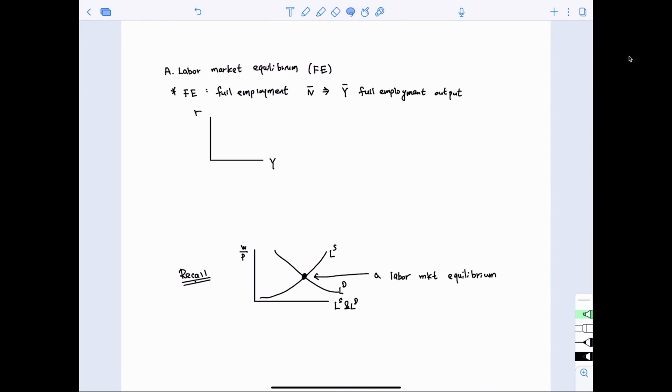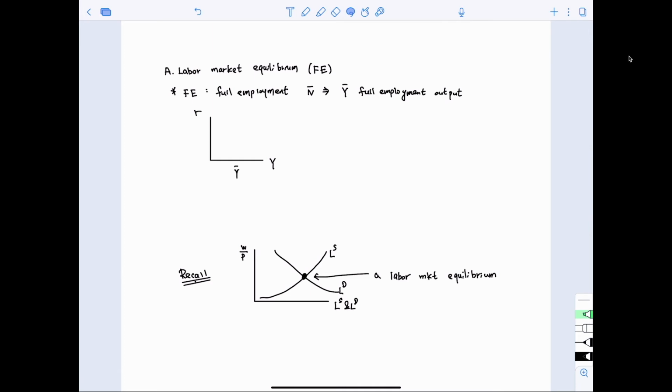So here, when we want to picture the labor market equilibrium and identify the relationship between the real interest rate and output when the labor market is in equilibrium, we know that as long as the labor market is in equilibrium, the economy is at full employment, its output is also at the full employment output level, but it has nothing to do with the real interest rate.